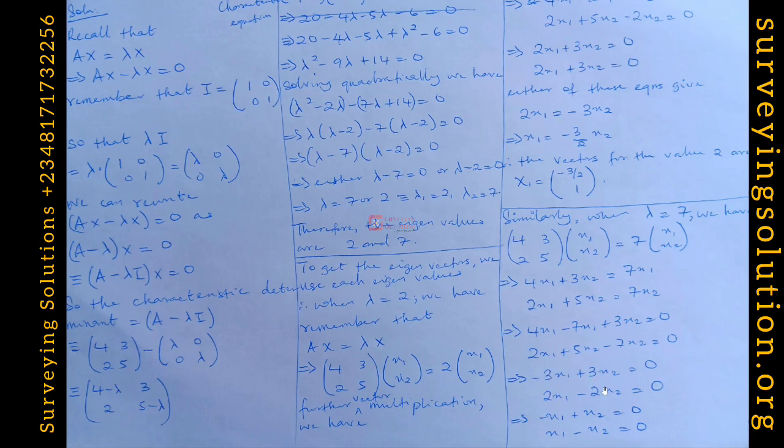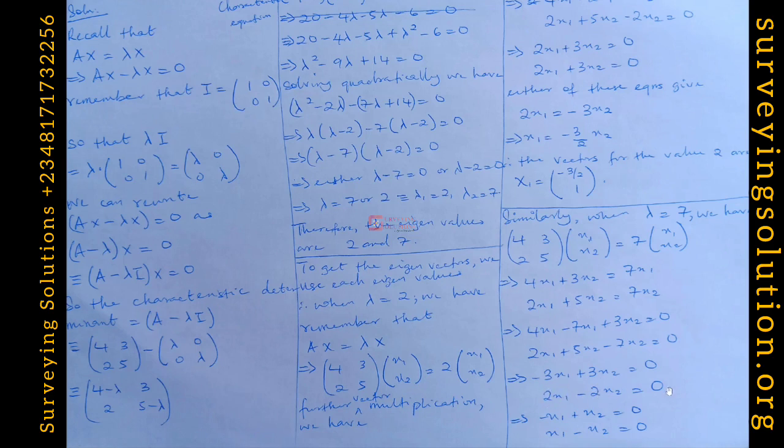By simplifying them further, we mean since the coefficients on the first line and the coefficients on the second line are all equal in magnitude. The coefficients on the first line are 3 and minus 3, or maybe minus 3 and 3. And on the second line, we have 2 and minus 2, which means we can divide through by 3 and divide through by 2.